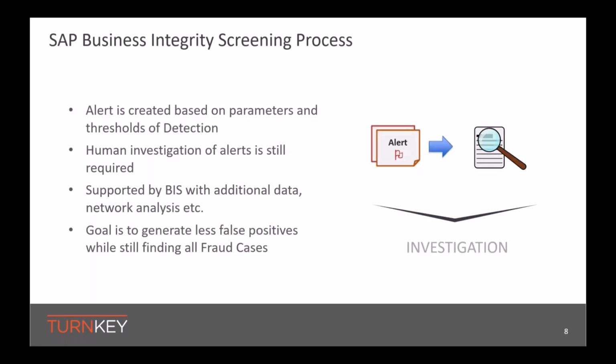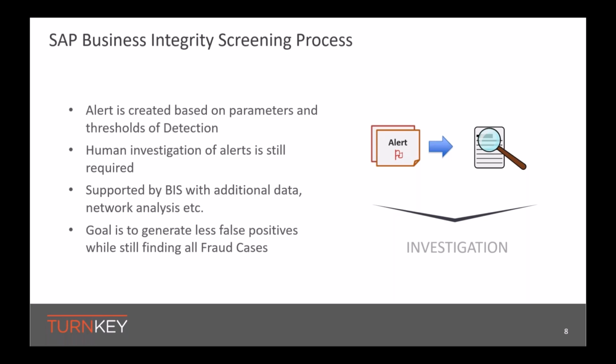Still required is manual interaction. Once these parameter thresholds are reached, then there's an alert created, but then a human still needs to investigate the alert. So the good thing is that previously you spent a lot of time in the detection part, and you can now spend more time on the investigation part.